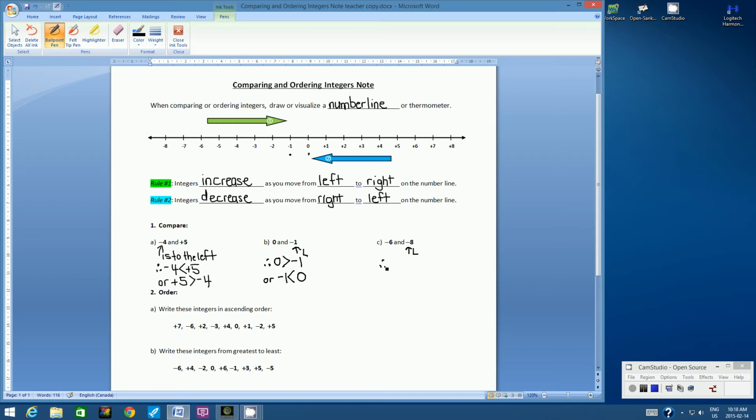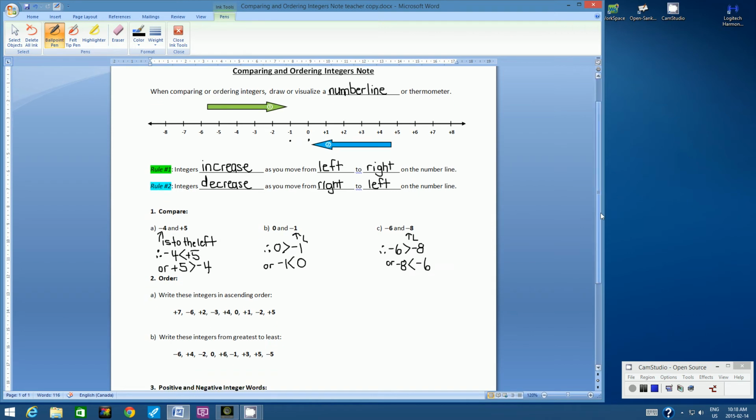Therefore, negative 6 is greater than negative 8, or negative 8 is less than negative 6. Did you get those two statements? Okay, so that's the first type of question that you'll see in your homework.